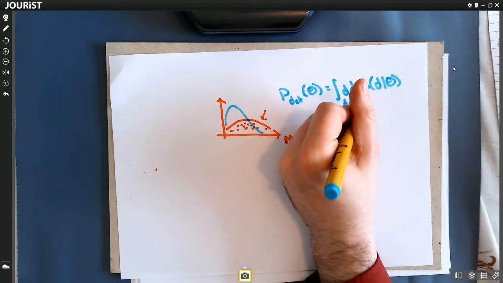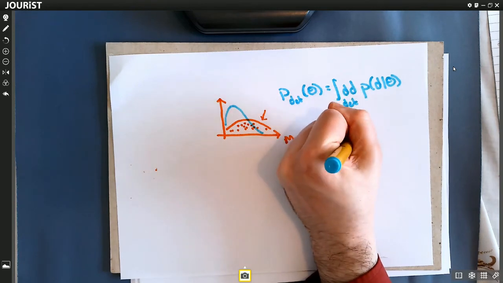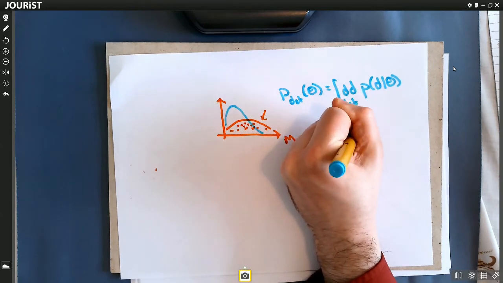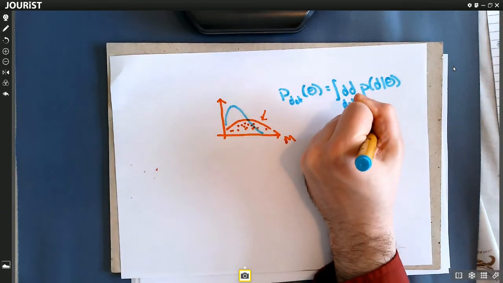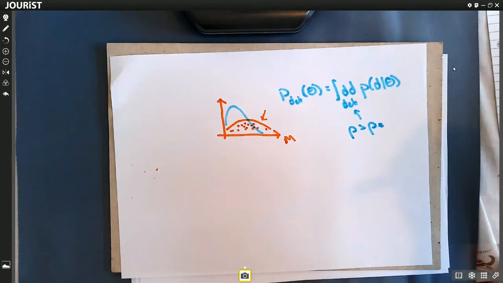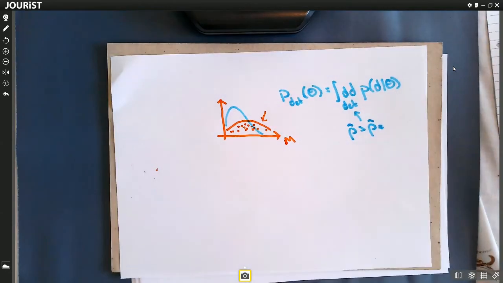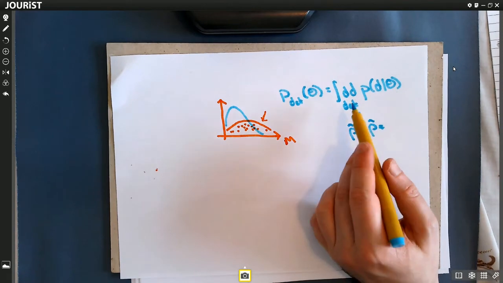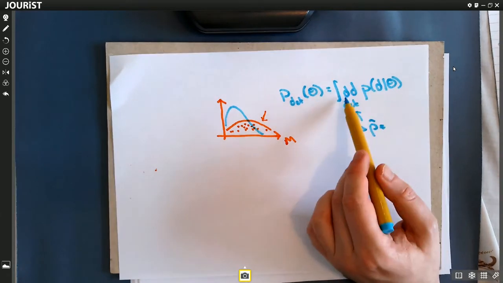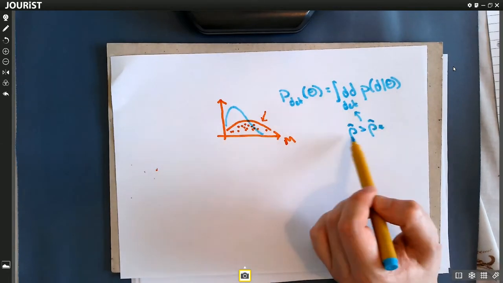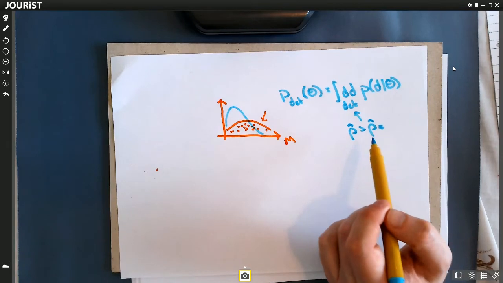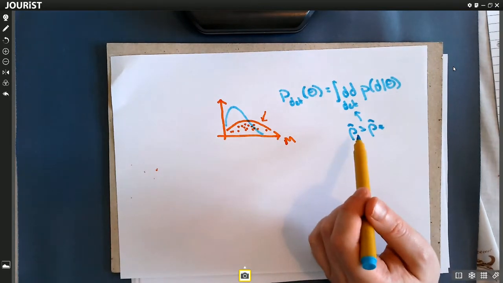We could say we're detecting over the range of values where the signal-to-noise ratio is higher than some detection threshold. Or, as we spoke about previously, we have some ranking statistic, called p-hat, which is a combination of the SNR and the consistency test, and depending on the background, when this is greater than some threshold. So we take the likelihood and integrate over all possible realizations of the data with the constraint that we are detectable, so we have some detection threshold greater than this value.